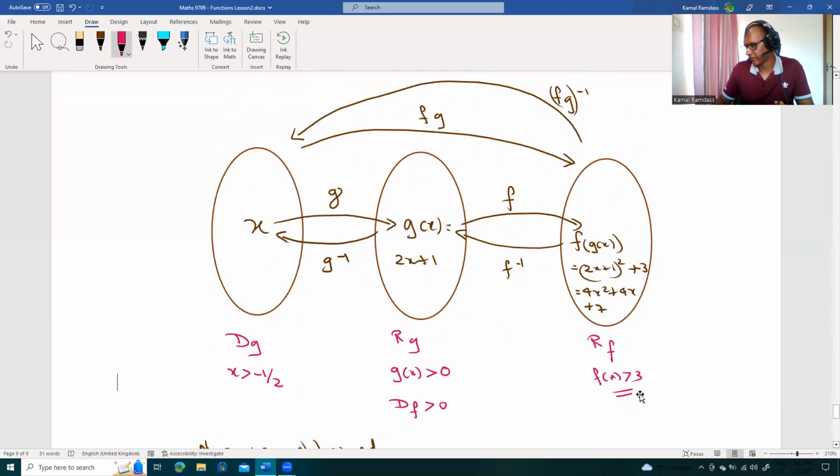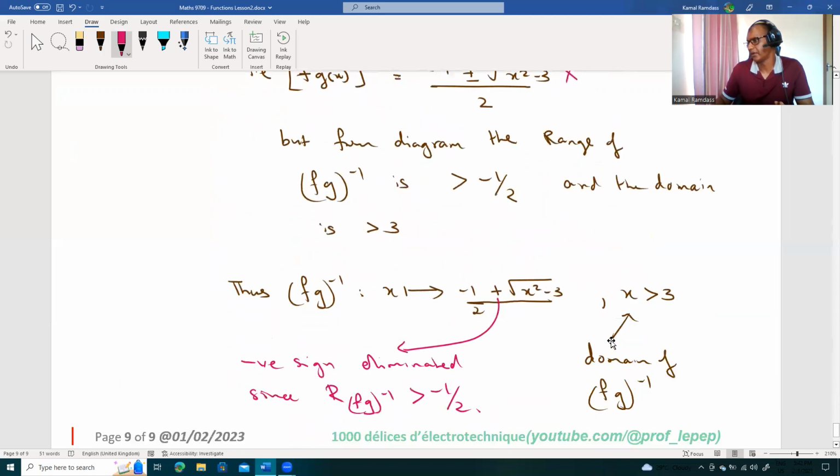Pour ça, on finit gagner le domain of f of g inverse. Mais et puis, moi, besoin éliminer sa négative part là. Eliminated since the range of f of g inverse is greater than minus half.